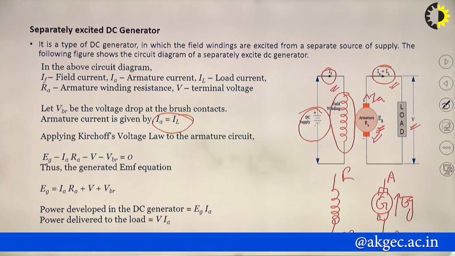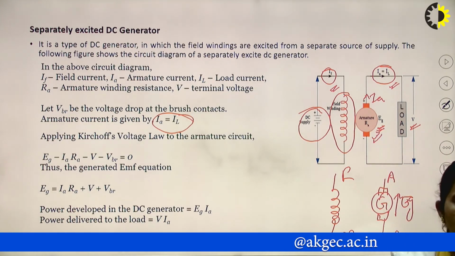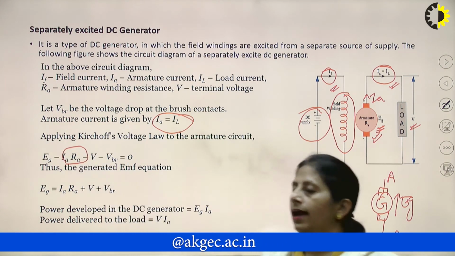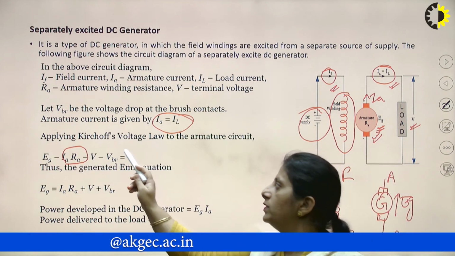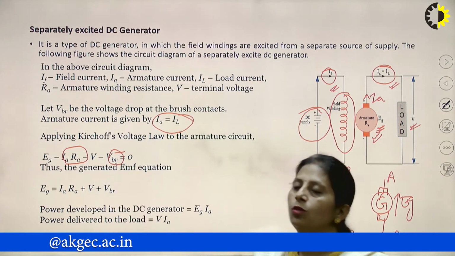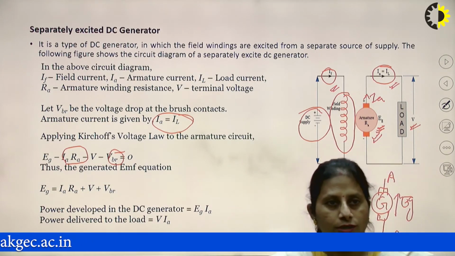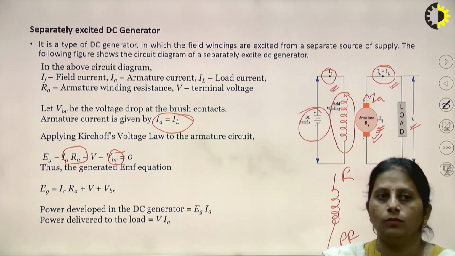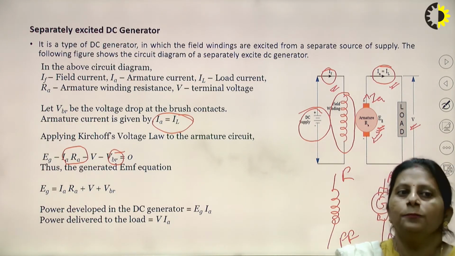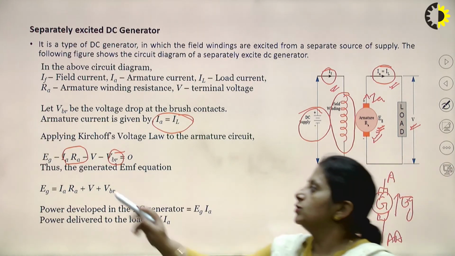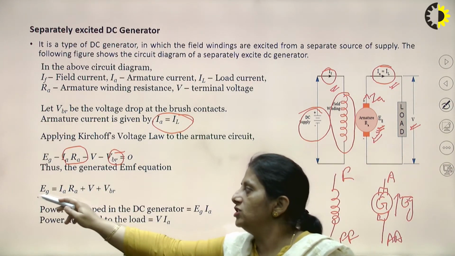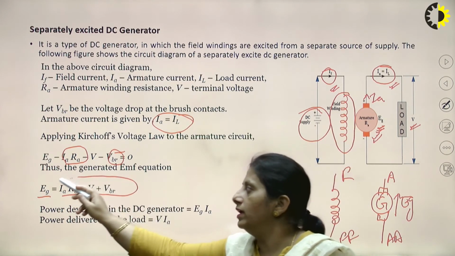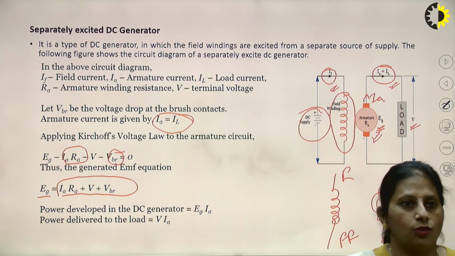The armature resistance drop given by IARA and the brush contact drop. This brush contact drop is a very small value, generally 1 volt per brush. So, these can be neglected in many numericals, but while giving it, we would definitely be considering it. So, the complete equation becomes EG is equal to IARA plus V plus VB, that is the brush contact drop.